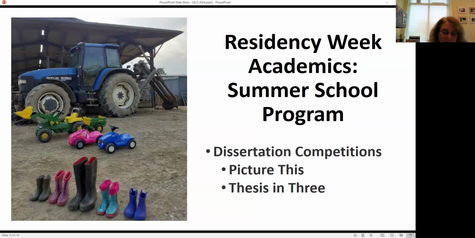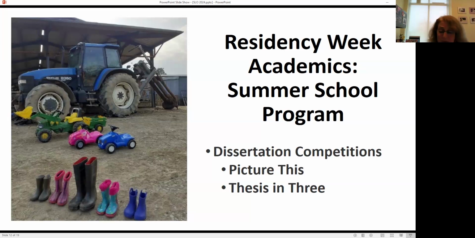The Thesis in 3 competition was held for Gwynedd Mercy students. The challenge was to present in 3 minutes using one slide to explain their dissertation research. A committee of faculty judged the presentation and picked winners. One of my students won first place and another got second place.